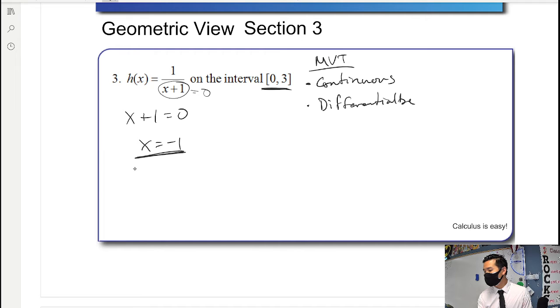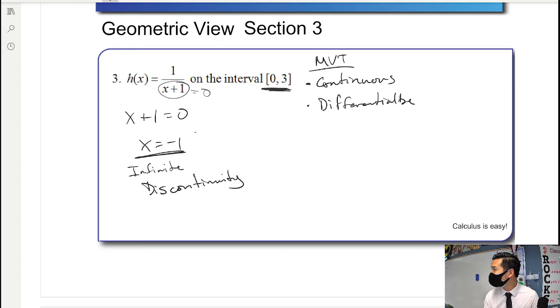This right here is an infinite discontinuity. But Stephen's already mentioning it, right? Yeah, x equals -1 is not between 0 and 3. Do you see that? I'm not focusing on the function at x equals -1. I'm focusing on the function between 0 and 3.